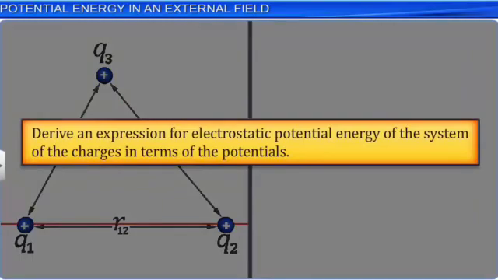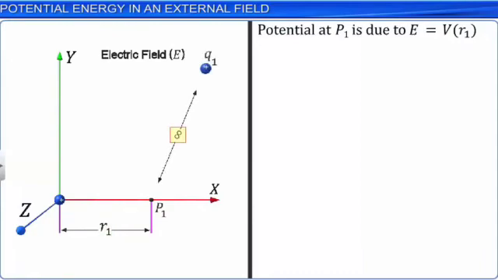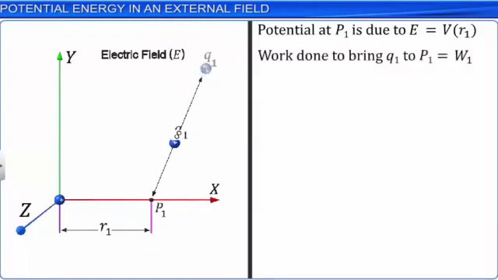Let V be the potential at a point P1 in the electric field E produced by a source charge. Here, R1 is the position vector of the point with respect to the origin. Let us consider a charge Q1 at infinity from point P1. If W1 is the work done to bring the charge Q1 from infinity to the point P1 in the external field, then the external electric potential at the point P1 is V of R1 equal to W1 by Q1.